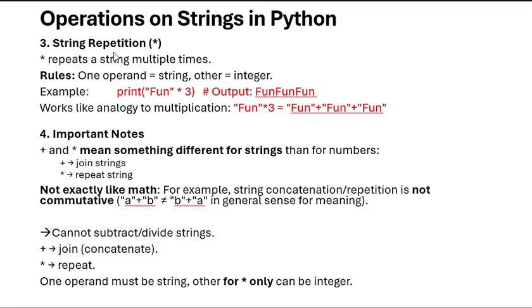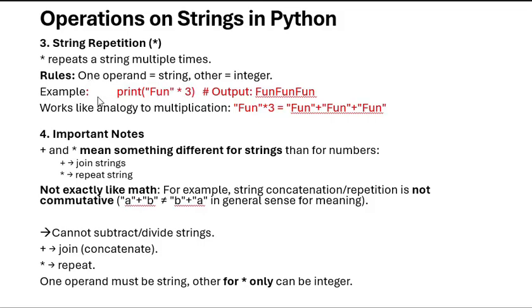This is string repetition. We have seen already string concatenation by using the addition operator. Now it is by using the multiplication operator. It will repeat a string multiple times. Let's see how exactly it will work. One operand is a string, the other is an integer. You can see in the example, this is the string and this is the integer.